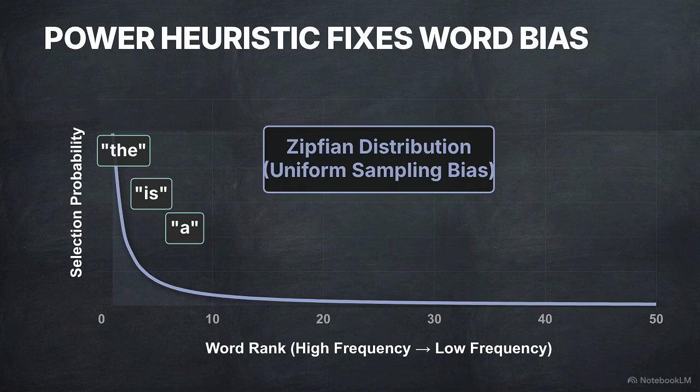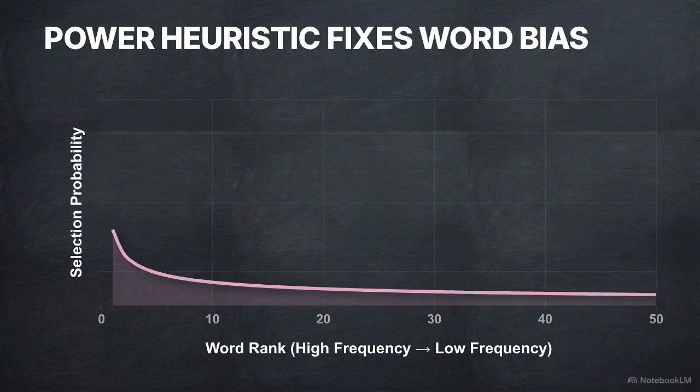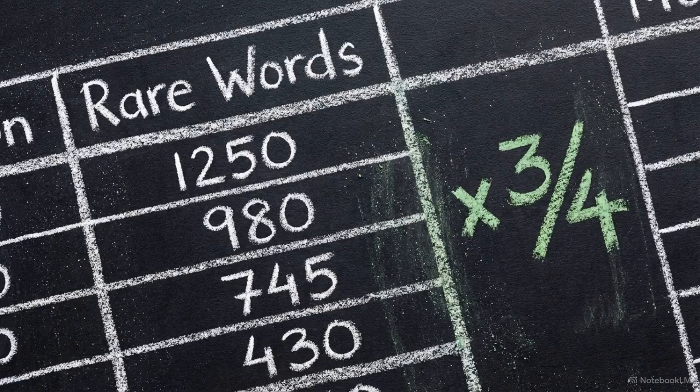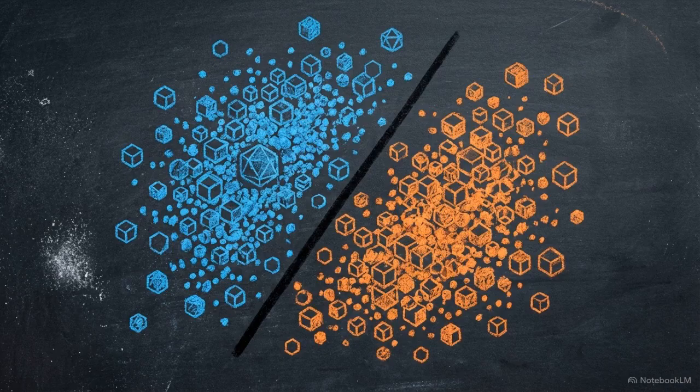This chart shows a Zipfian distribution, a statistical reality of language where a small number of words dominate the total frequency counts. Mikolov solved this by raising the unigram distribution of the corpus to the 3/4 power in the sampling table. This scaling artificially boosts the sampling rate of rare words. It forces the network to learn fine semantic boundaries rather than simply rejecting common pronouns.